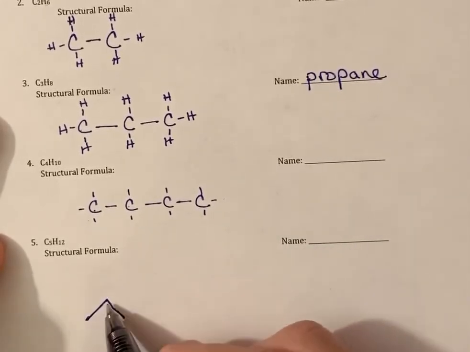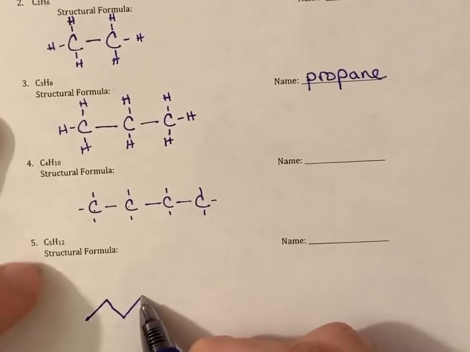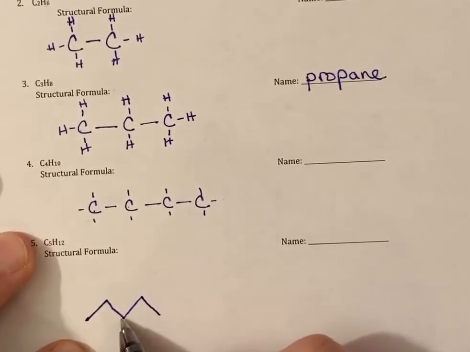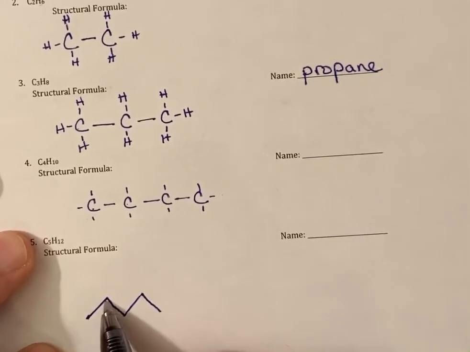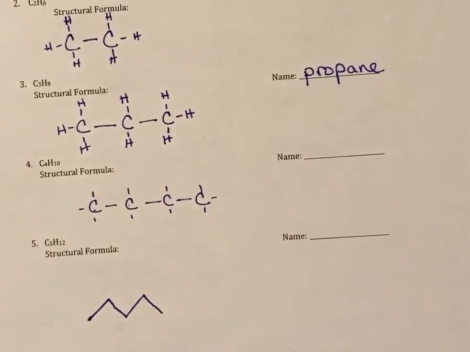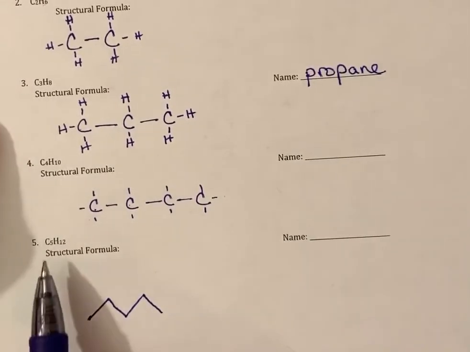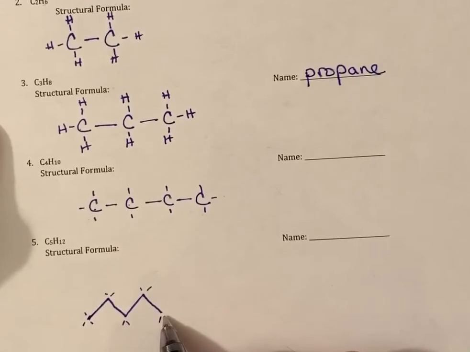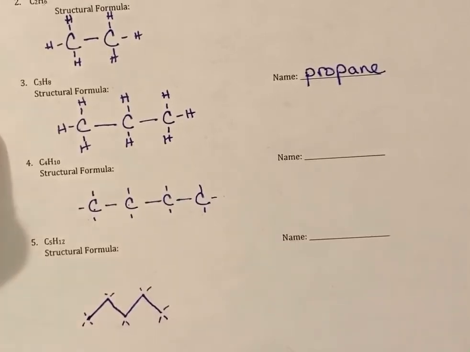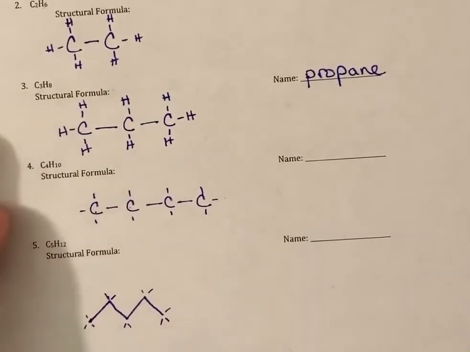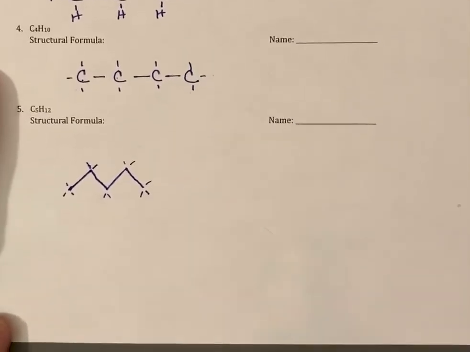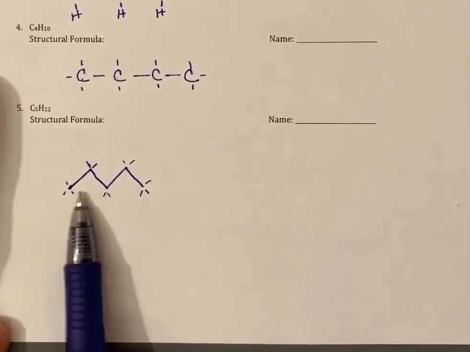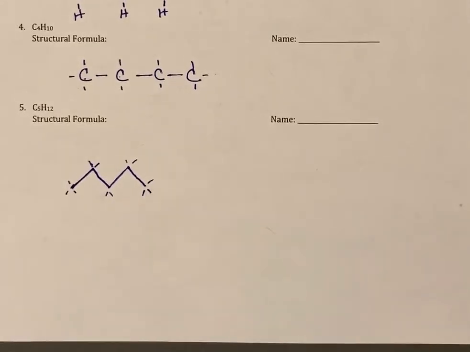So that would be a carbon here, a carbon there, carbon there, carbon there, there, and there. So we've got 1, 2, 3, 4, 5 carbons right there. And so that'd be a carbon backbone. And then again, to do our H's, we will put them there. All right, and that's another little shortcut that you'll see, especially in biology. In biology classes, you'll see this used in your organic molecules.